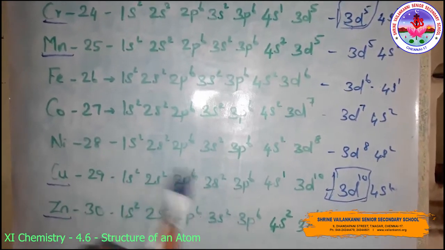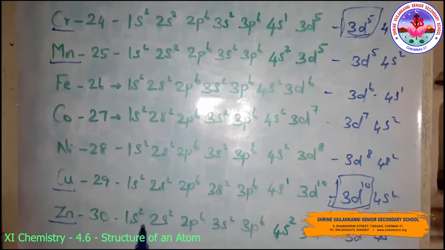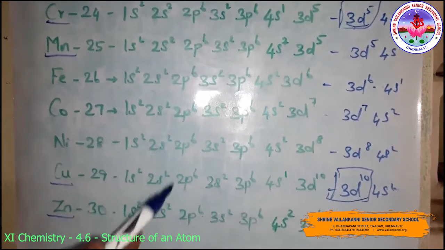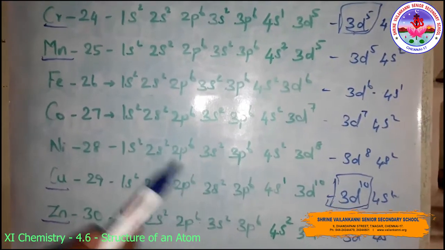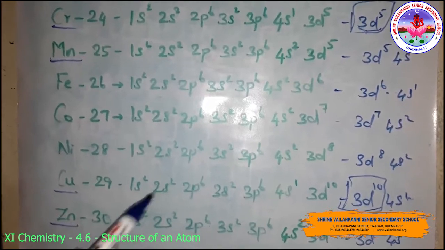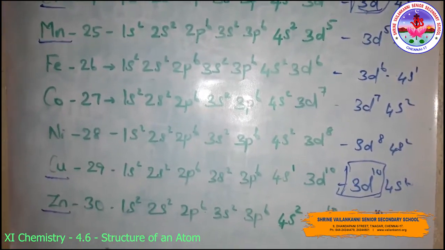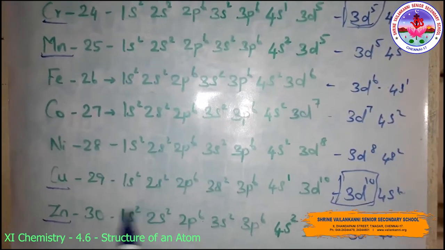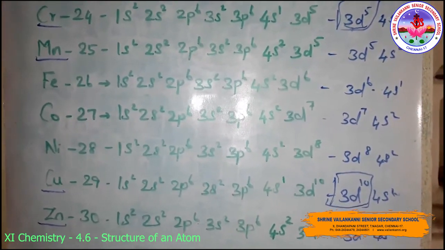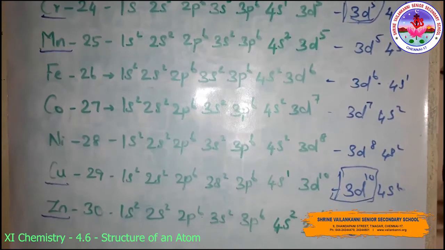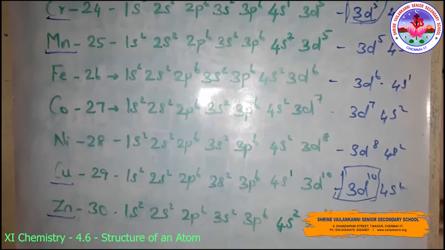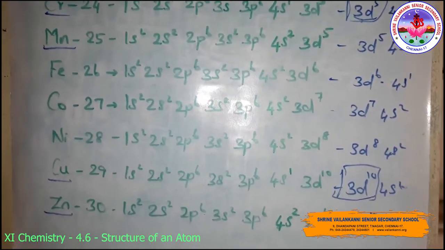In the next 18 elements from rubidium to xenon, the pattern of filling 5s, 4d and 5p orbitals is similar to that of the 4s, 3d and 4p orbitals. Okay, so then there is the 6s orbital, in cesium and barium, these orbitals contain 1 and 2 electrons respectively.